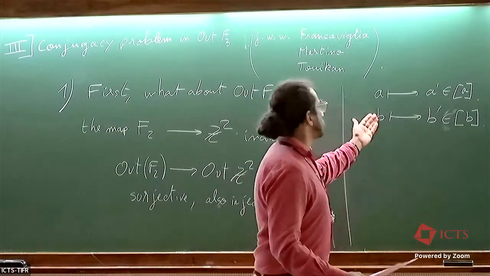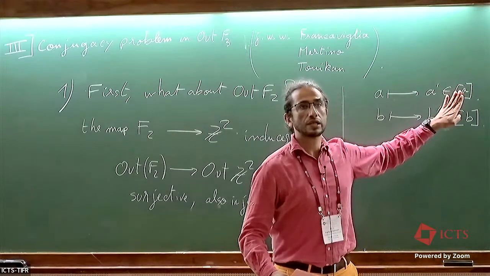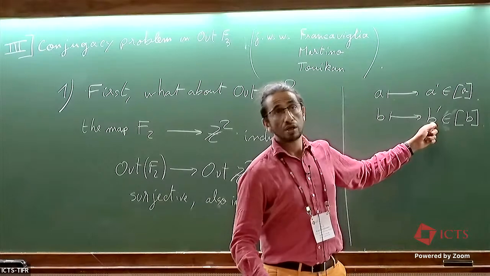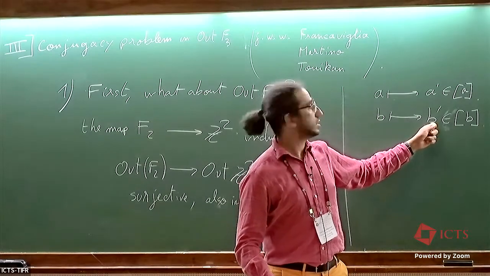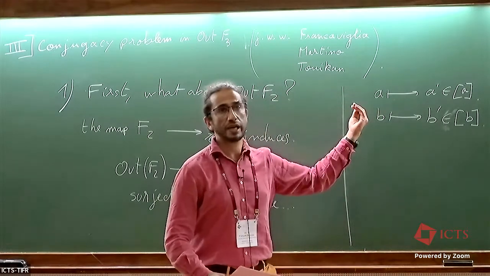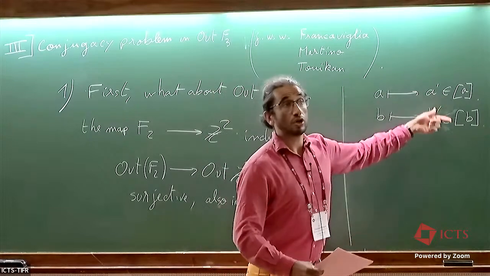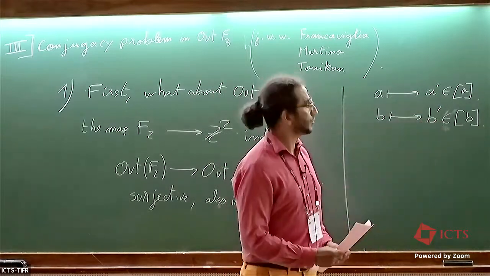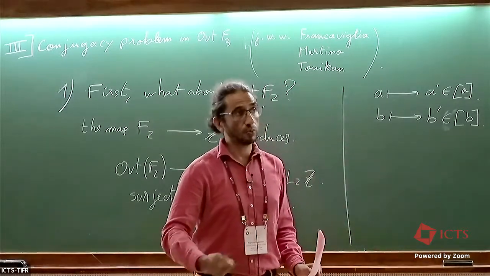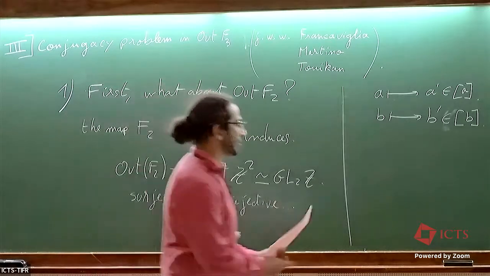And because it has to be an automorphism, those two elements have to generate the free group generated by A and B. And so you can work out that it has to be conjugate to B by an element of the group generated by A. And so by, again, a conjugation, you find that after composing by an inner automorphism, it is the identity. So this shows that it is injective.